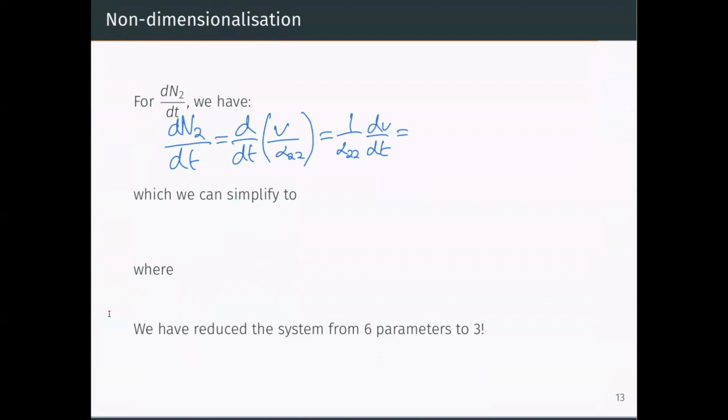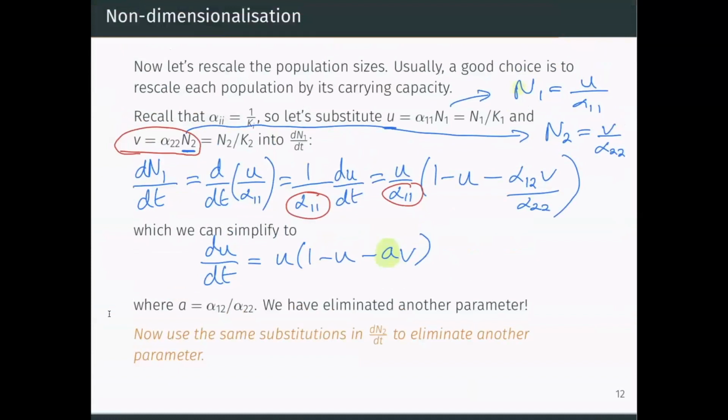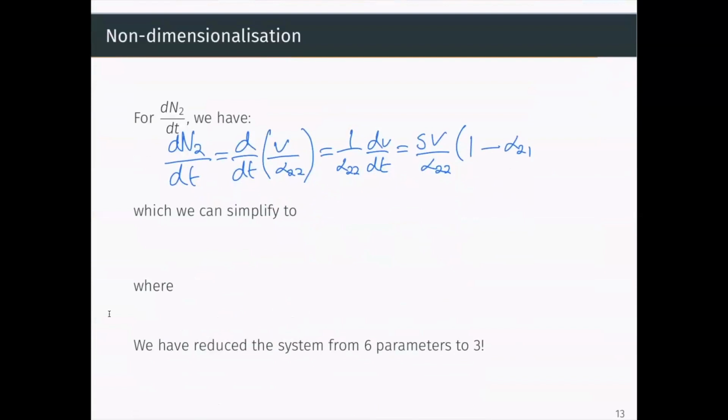And then everywhere where we saw an n2 previously, we're going to write v over alpha 2,2. We had this s out the front before because that was from our rates non-dimensionalization above. And then inside the bracket, we're going to have 1 minus alpha 2,1 times n1. Remember, n1 we are replacing with u over alpha 1,1.